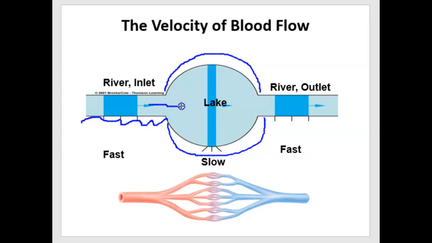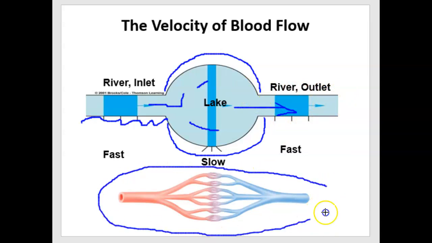It'll enter the lake at quite a speed, but then it'll really slow down and spread out. But if the landscape is such that this water is going to flow out as well, then it'll speed back up again. This is what happens in our capillary beds.